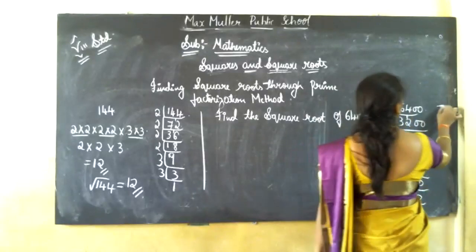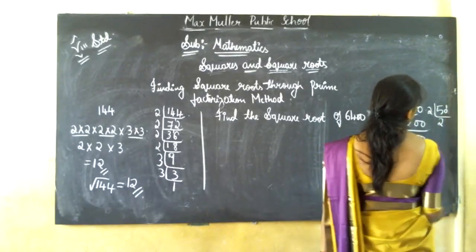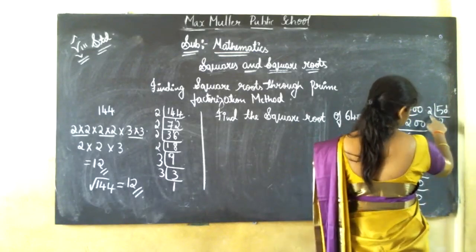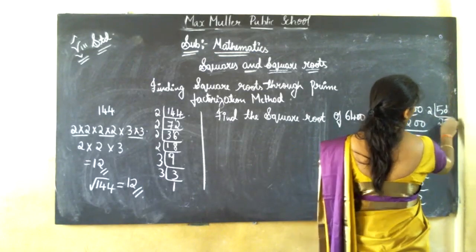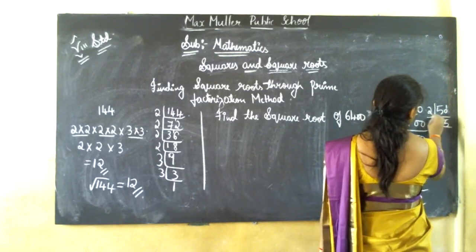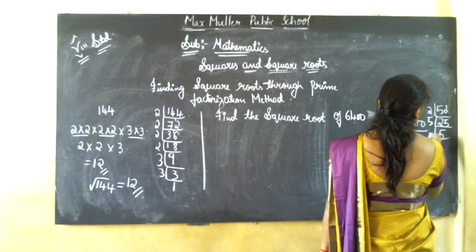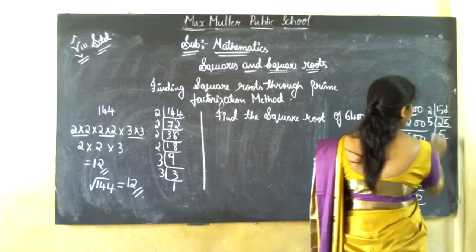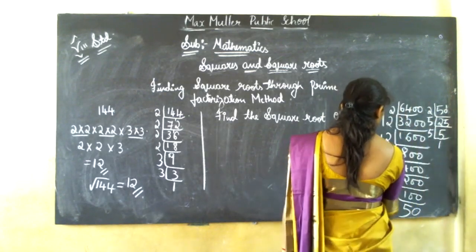So again for 50, 2 2s are 4, 1 carry. 2 5s are 10. Next finally 5 5s are 25. 5 1s are 5. Now group the numbers, 2 numbers.